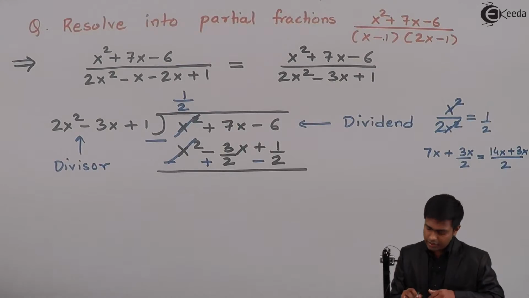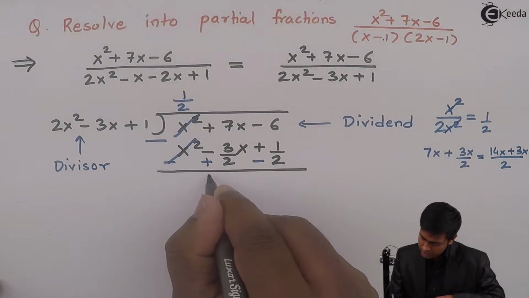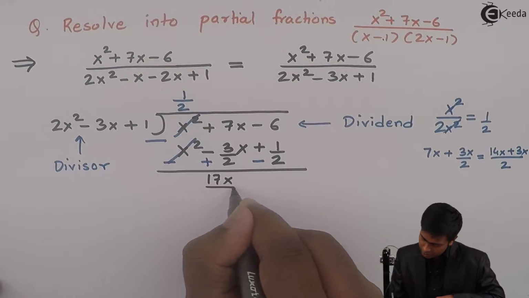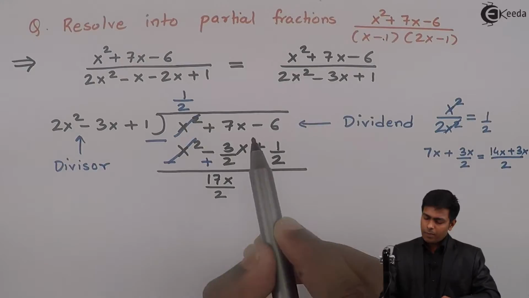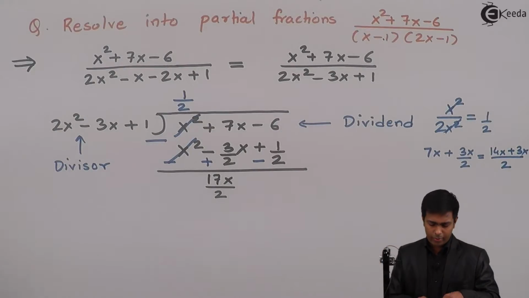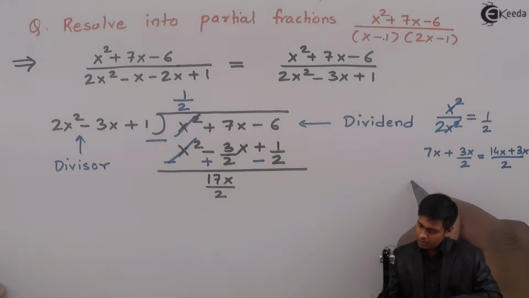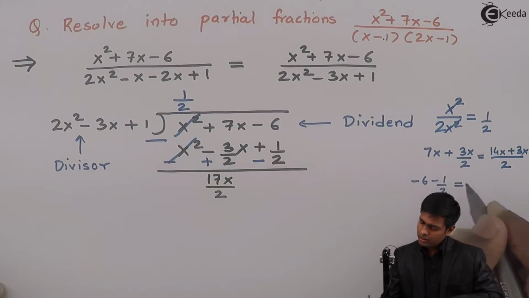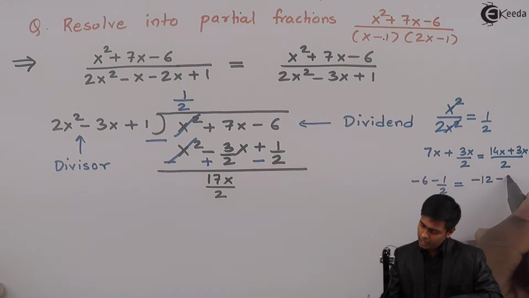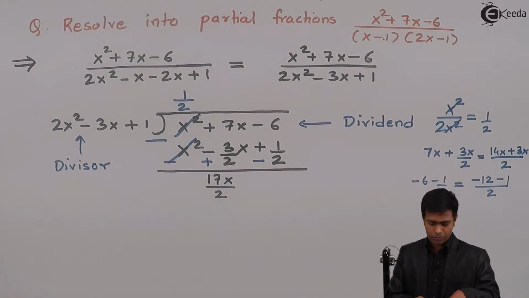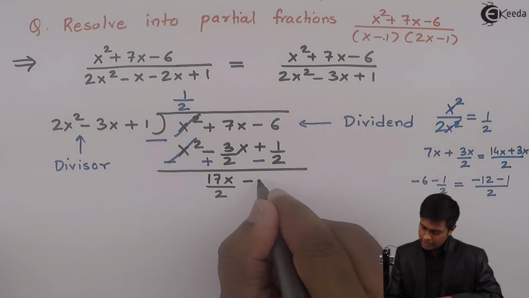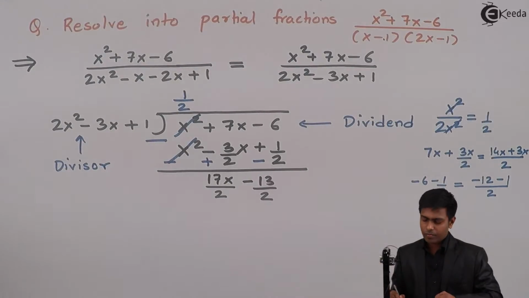So here I will write it down: 17x upon 2. Next here we have −6 and −1/2. So that will become −6 − 1/2, which is −(12 + 1)/2. So that will become −13 upon 2.